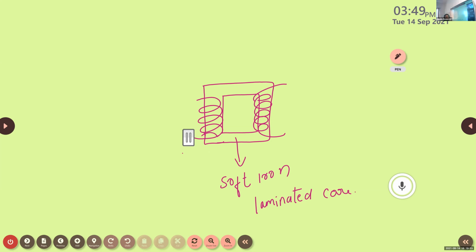They are the primary coil and the secondary coil. The primary coil is the coil in which we give the energy.